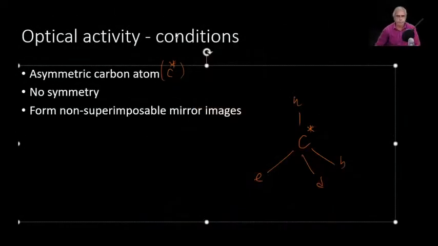So when I join like this, now they form non-superimposable mirror images. They don't superimpose exactly. So the molecule should have the structure like this. So this is known as non-superimposable mirror image. Understand? Next.